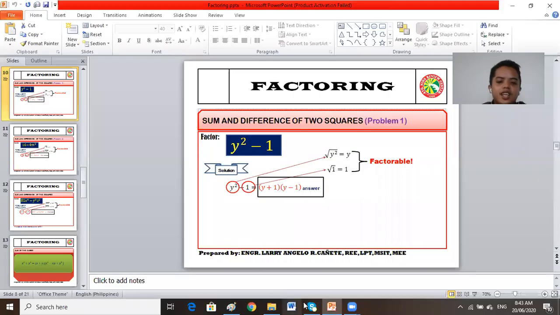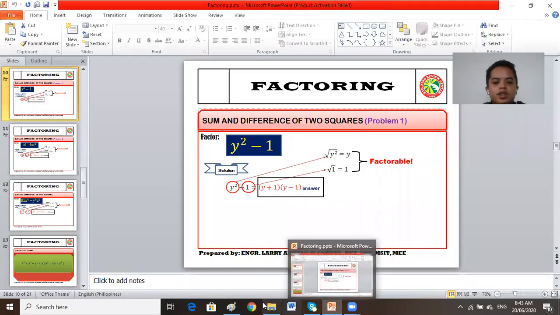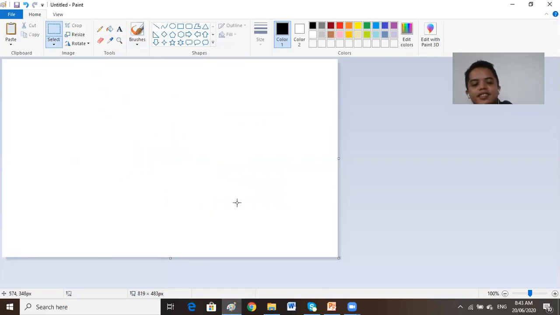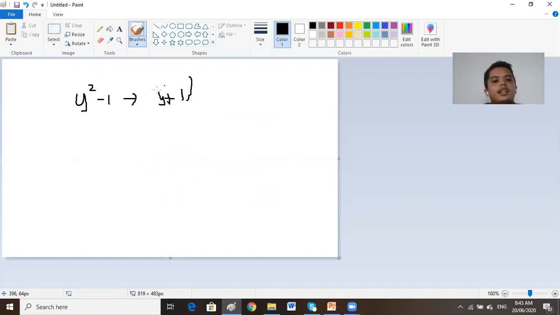So I'm going to show again how to solve using the shortest way. The given in the problem is y squared minus 1, and the answer is y plus 1 and y minus 1.